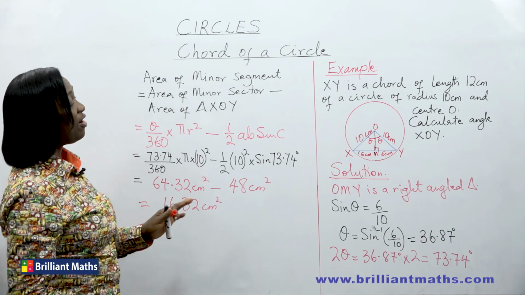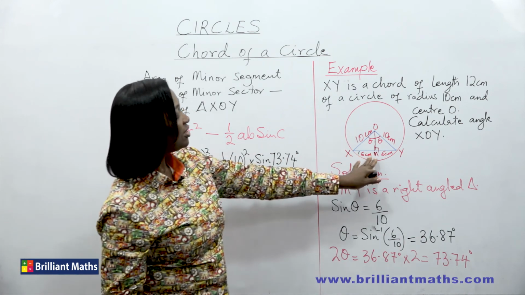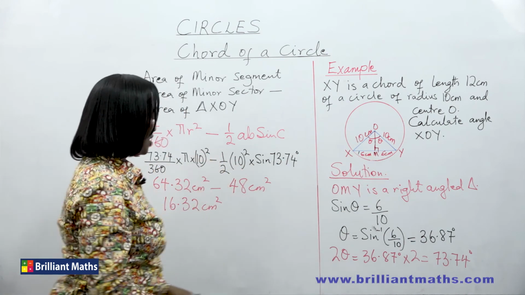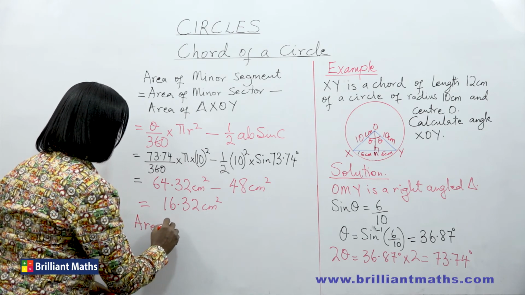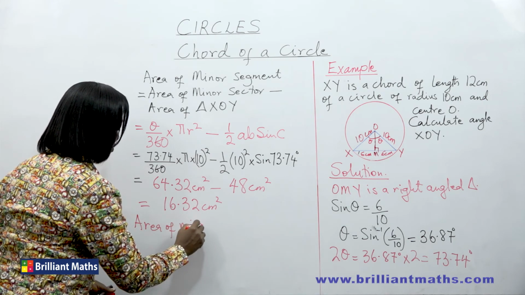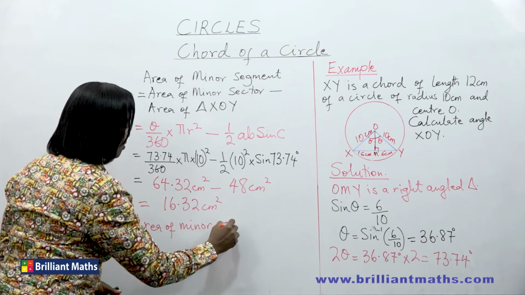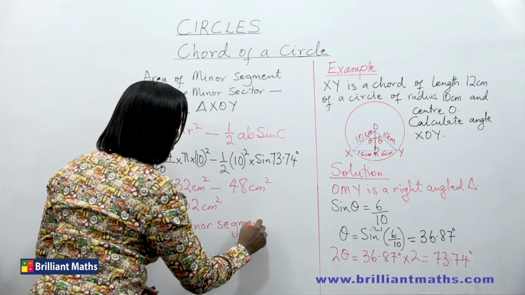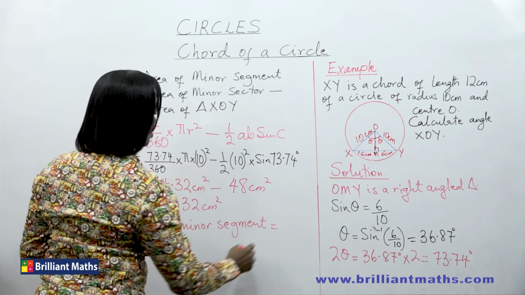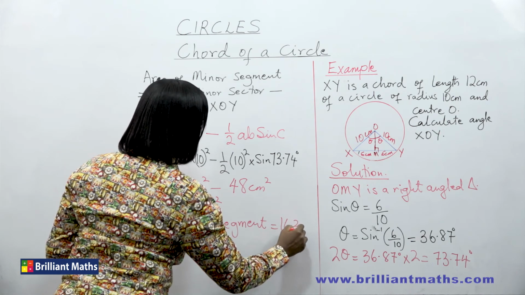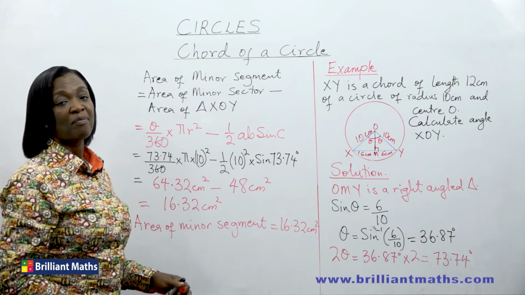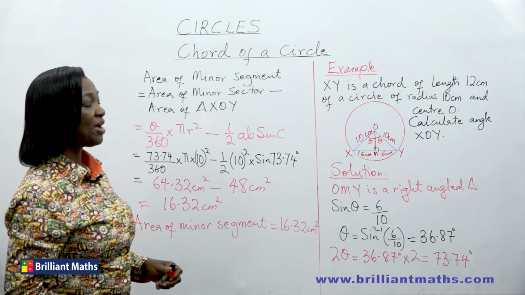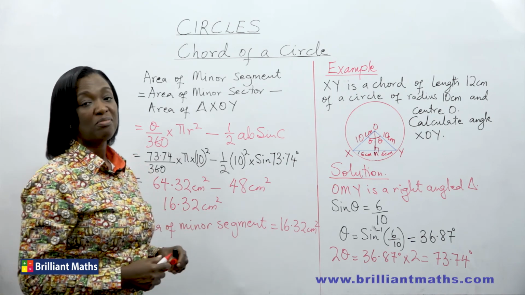So the area of the minor segment is equal to 16.32 centimeters squared. It might take a little bit of time, but do practice.